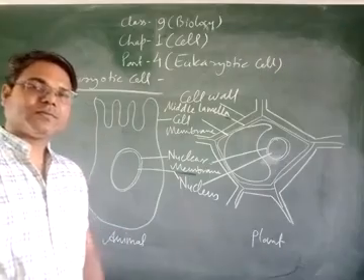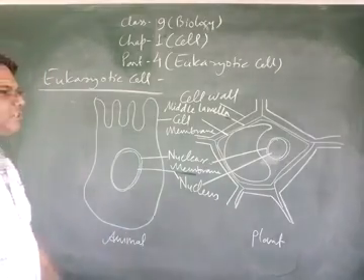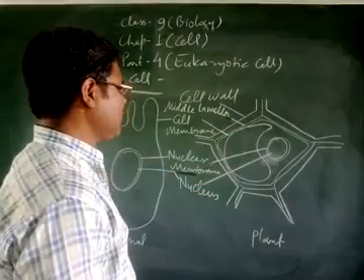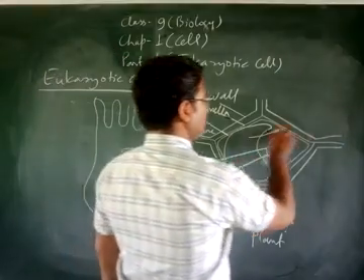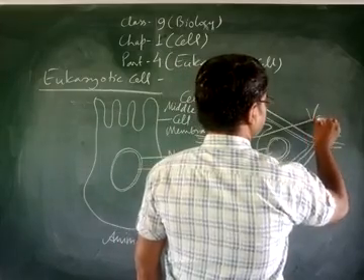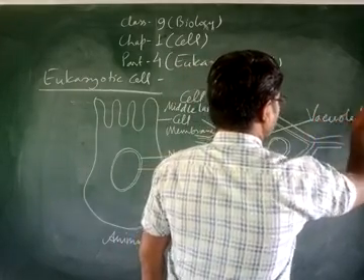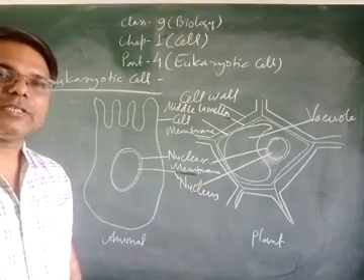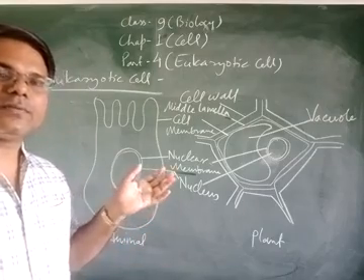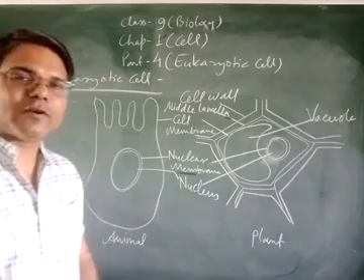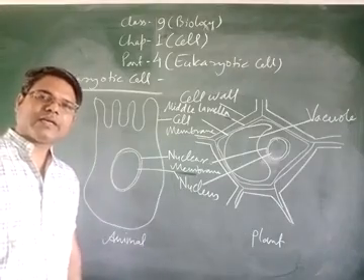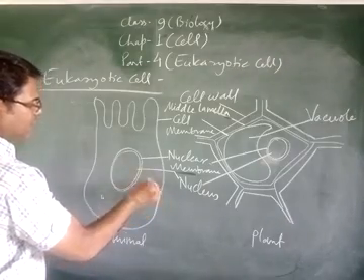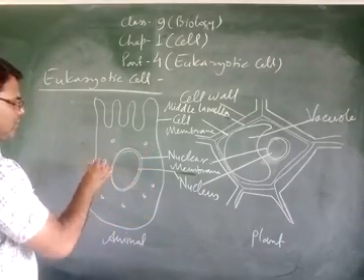Along with this, if you see this large structure of the plant cell, it is called the vacuole. The vacuole is much larger in the plant cell, but in the animal cell it may be absent or present in very small amounts or in a spread-out form.